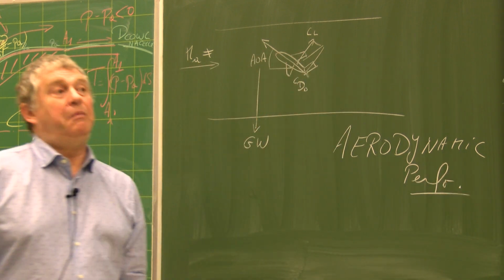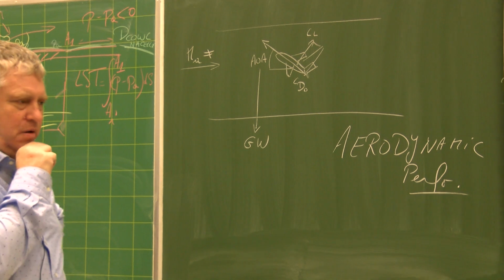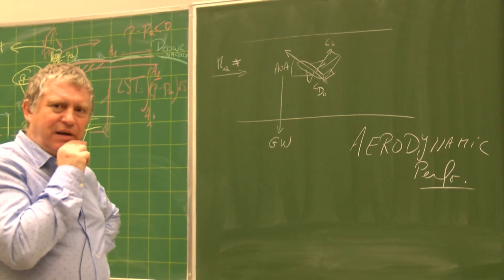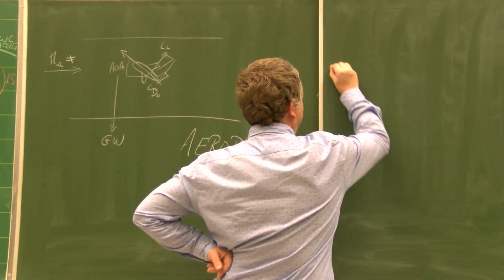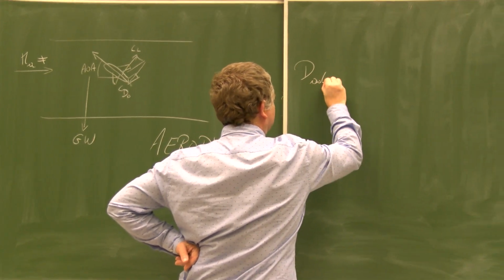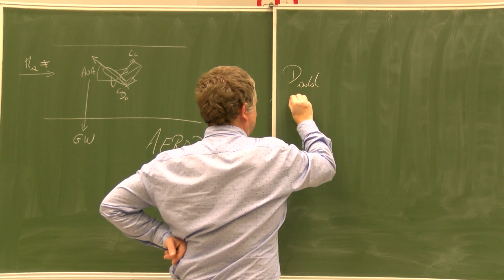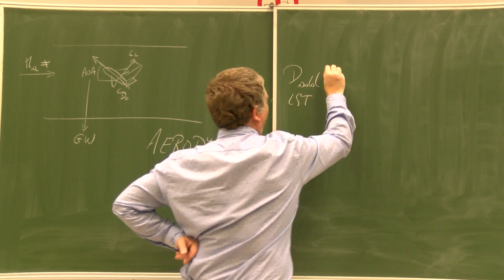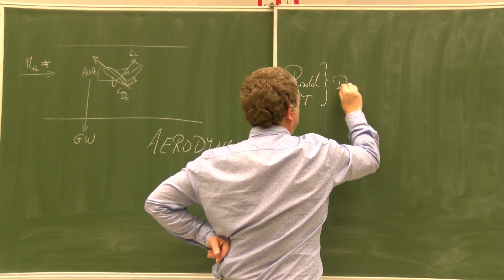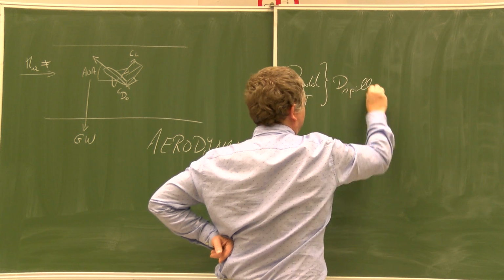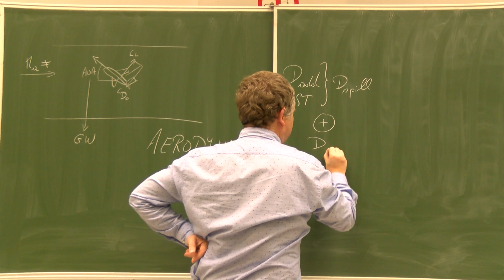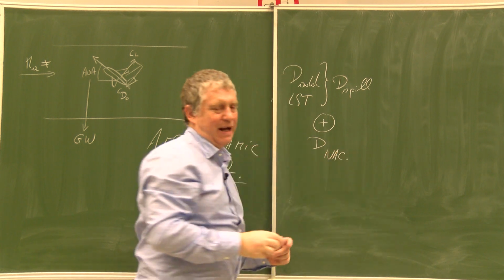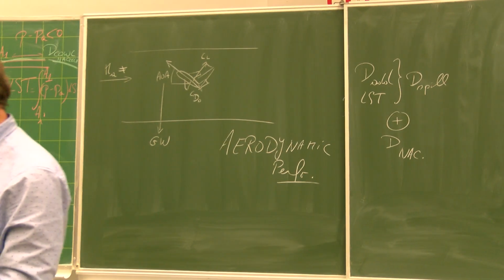Okay? Okay. But we have just seen that you need also to consider the additive drag, that you need to consider the lip suction thrust, or if you want, that you need to consider the spillage drag, and also that you need to consider the nacelle drag. We have just explained that.